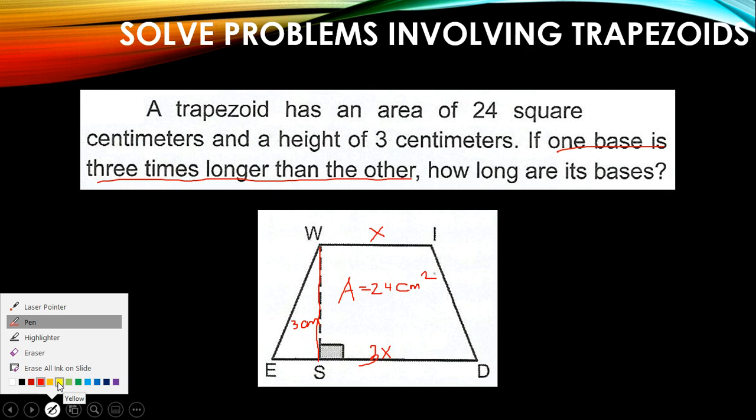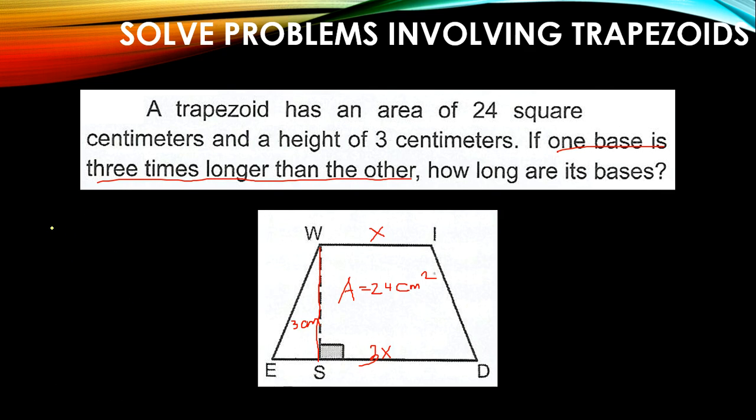Okay? So the formula again for finding the area of a trapezoid is, area or A sub B equals 1/2 times base sub 1 plus base sub 2 times the height.